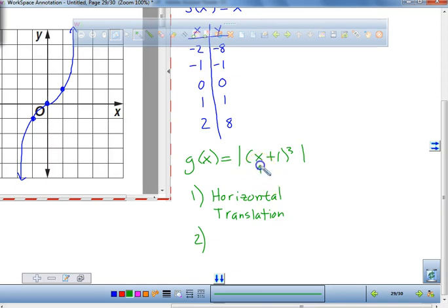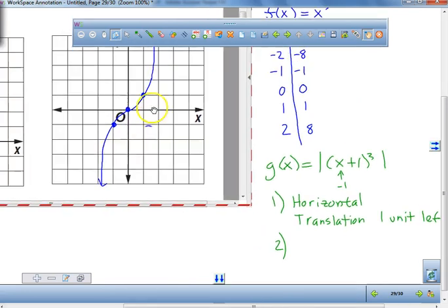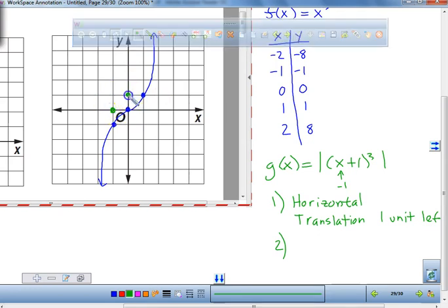What number would I have to plug in right there to make all of this equal to 0? -1. So we have a horizontal translation, 1 unit to the left. So what I want everybody to do with a different color is take this graph right here and simply take every point and move it 1 unit which direction? 1 unit left.